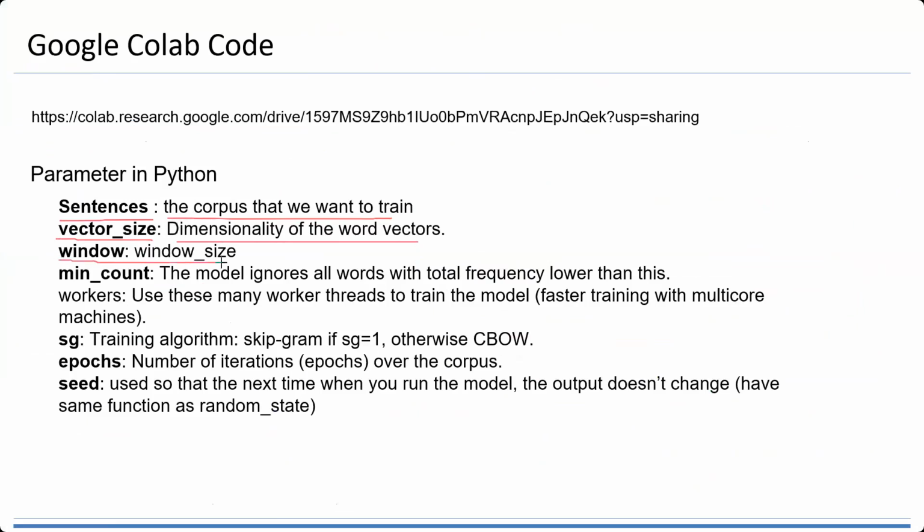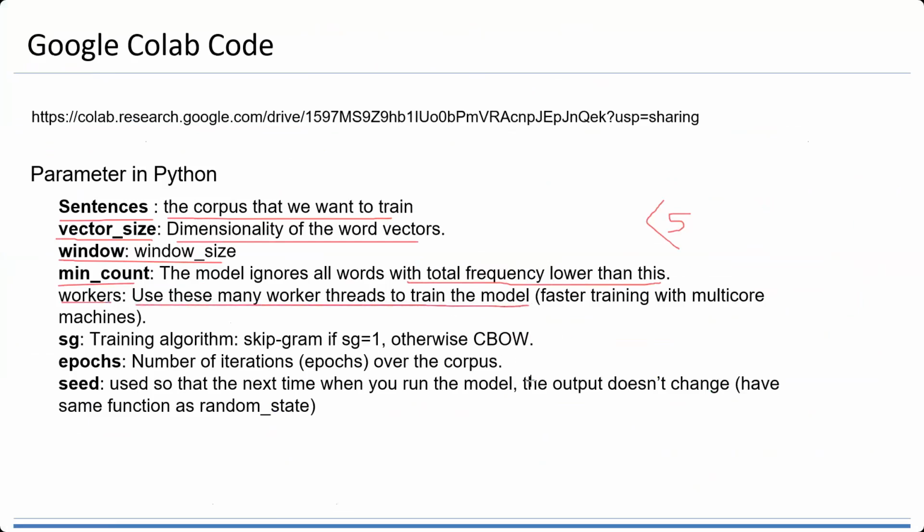The window size, if you want to define it, we can set the window size. The minimum count: the model ignores all words with total frequency lower than this. So if you have the minimum count as 5, then if the frequency is less than 5, it will be dropped. Workers: use this many worker threads to train the model.